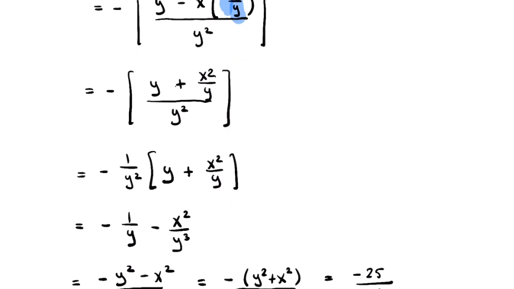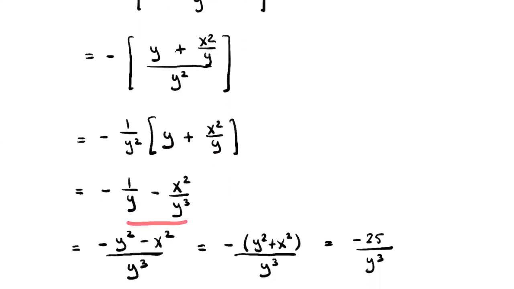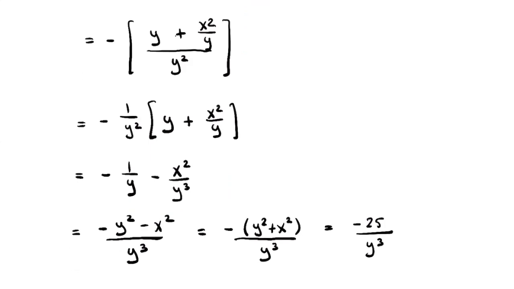Then I got a common denominator. I multiplied through by y squared, canceling using rules of exponents, and then I got a common denominator. It's y cubed. So I had to multiply this term by y squared over y squared. That leaves me at this expression.